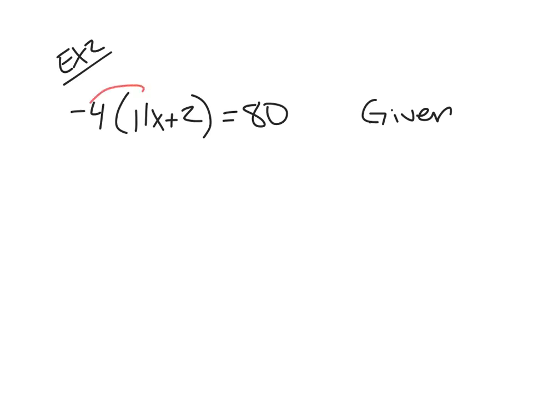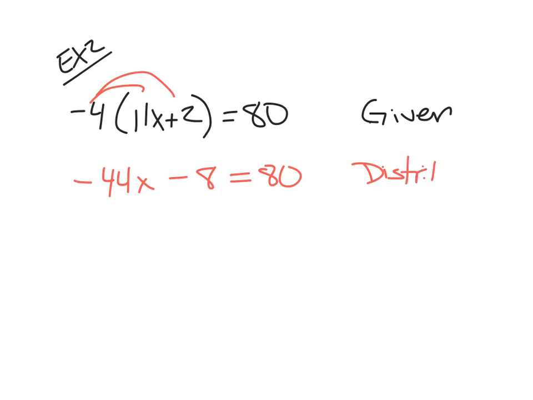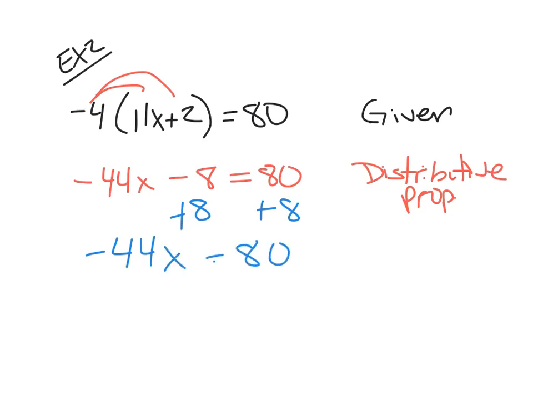Then we're going to do what? So I get negative 44x minus 8. And this is the distributive property. Good. What would be your next step? Add the 8. So I get negative 44x equals 80.